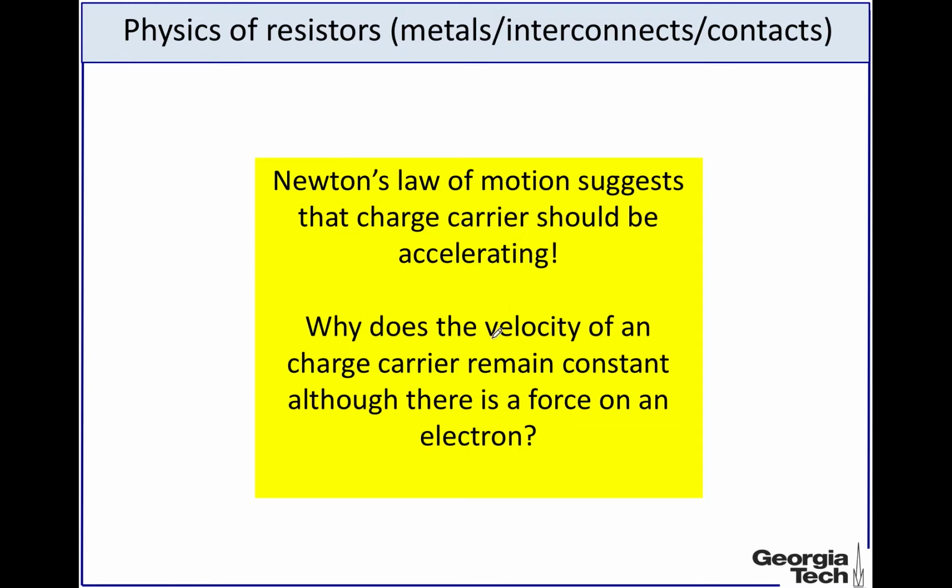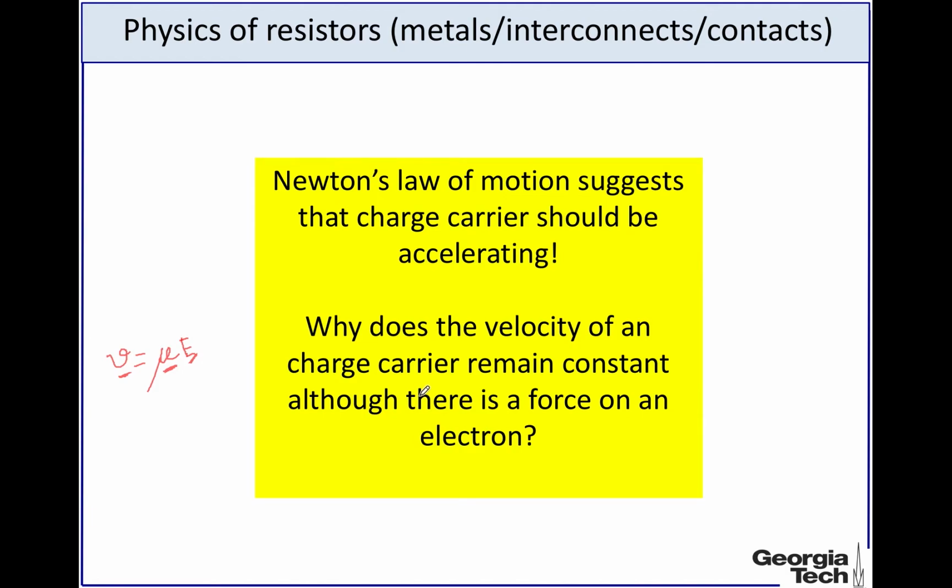But in reality the velocity of the charge carriers remains constant. So velocity V, as we have seen, equals mu multiplied with E, the electric field. So Ohm's law basically says that the velocity of the charge carrier should be proportional to the electric field and it should not increase with time.